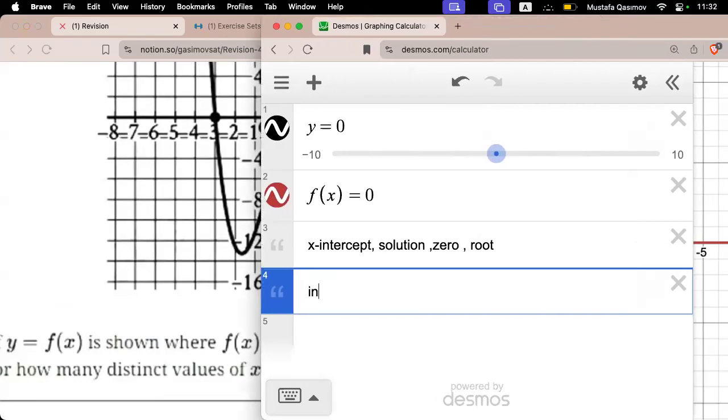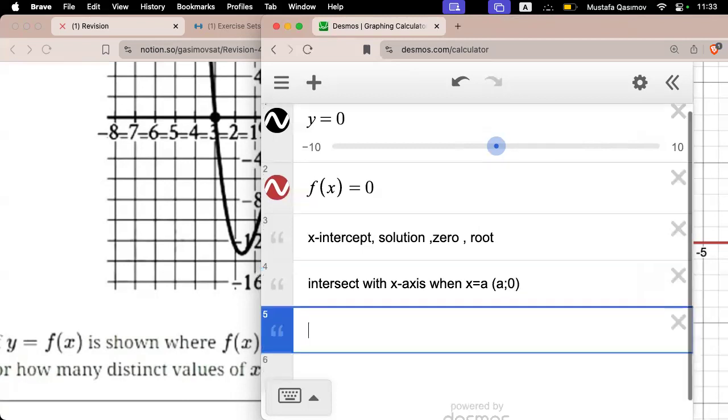Okay, when it says intersect with x-axis, when x is equal to, for example, a, or when a, 0, generally it means x-intercept. When it says 2x plus 4 is a factor, do you have any opinion?